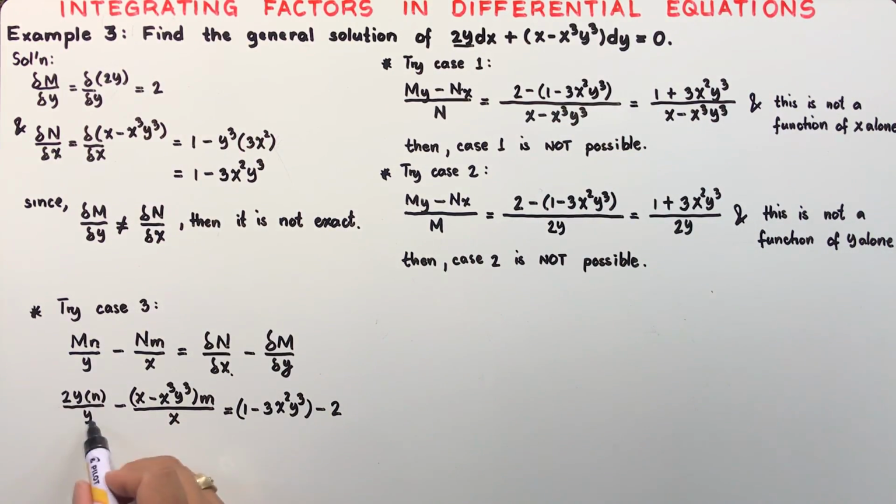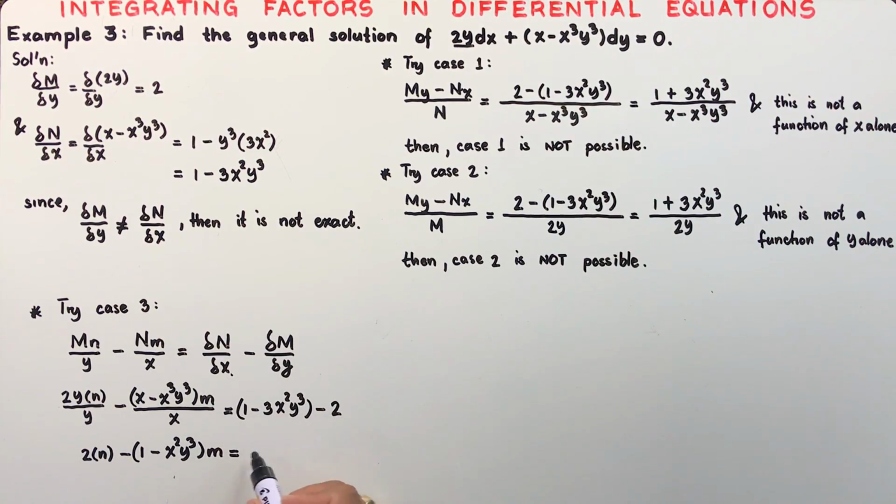So 2y divided by y is 2, and then this will be multiplied by n, minus this binomial when divided by x is 1 minus x squared y cubed times m, and this is equal to 1 minus 2, it's minus 1, and this is subtracted by 3x squared y cubed here.